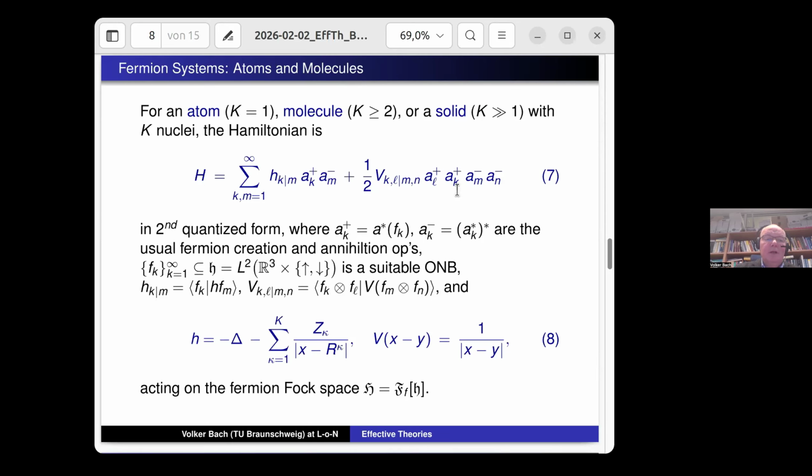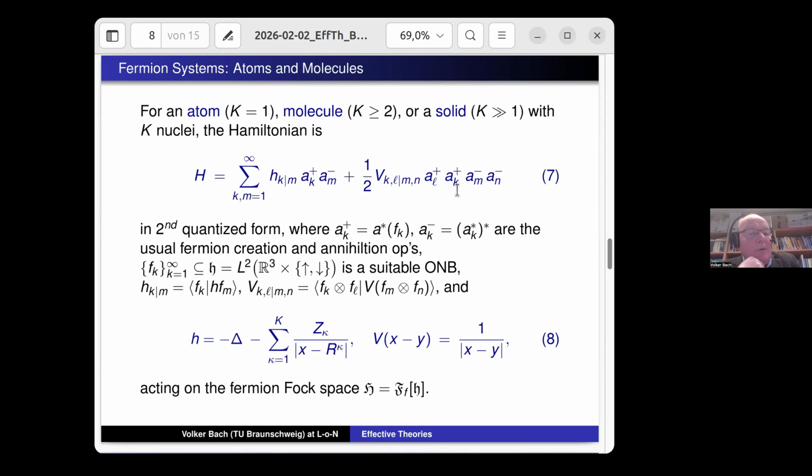We have a Hamiltonian which in second quantized form is given by equation 7. It's not just a means to torture you with second quantized operators, but I will need them, and I cannot use the first quantized form. We will see it in a moment.